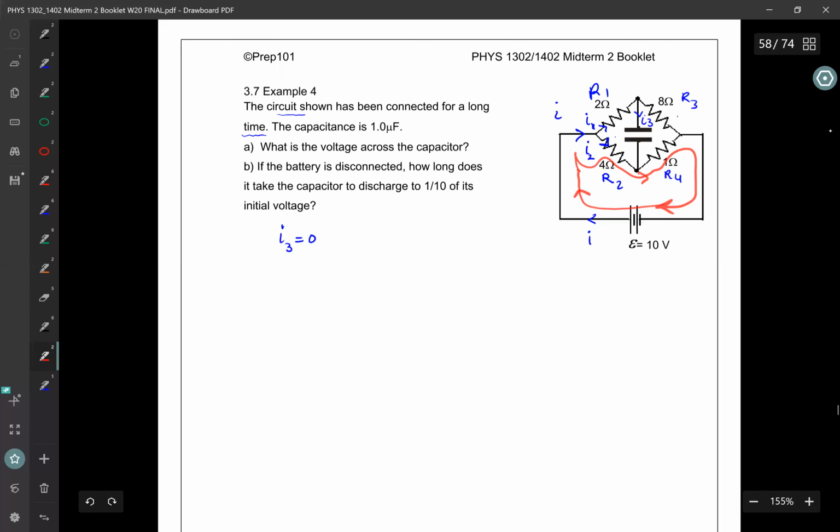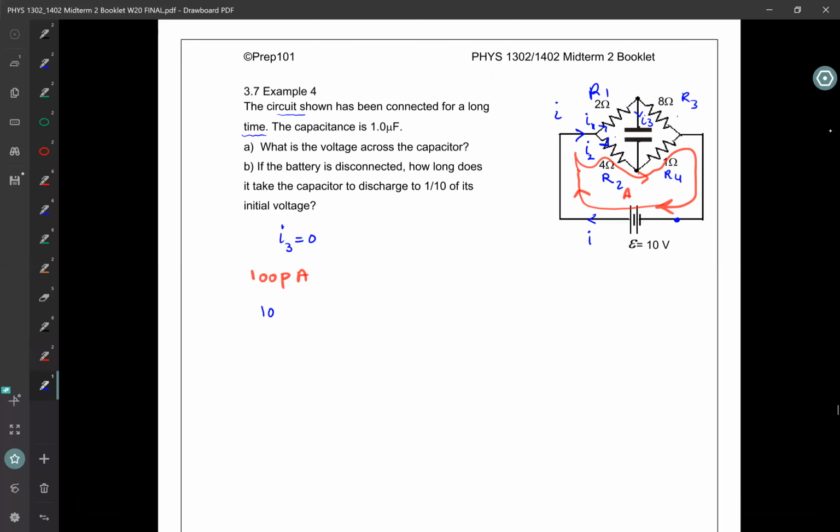If I write the equation for loop A, well, you could start from the battery. You could start, let's say, from here, and then move clockwise. So if I move clockwise, I reached the negative pole of the battery first, therefore I'm going to put plus 10 in here.